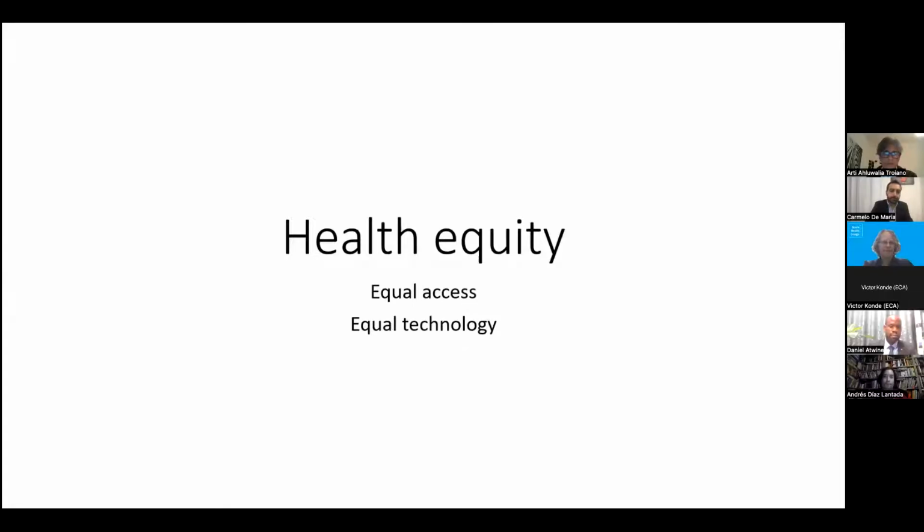Yes. Okay, great. So health equity basically means equal access to healthcare and equal access also to high quality technology.